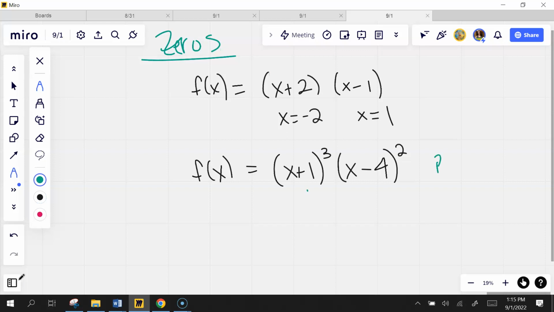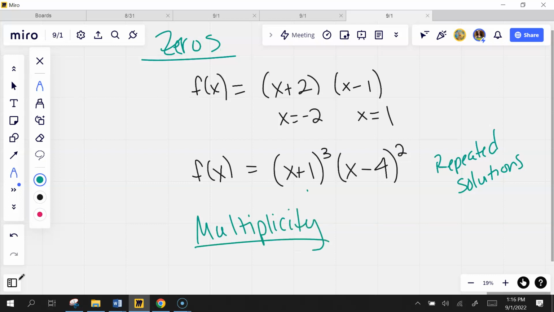These are what we call repeated solutions. Because -1 would happen 3 different times, right? The number of times it's repeated is what we call the function's multiplicity.